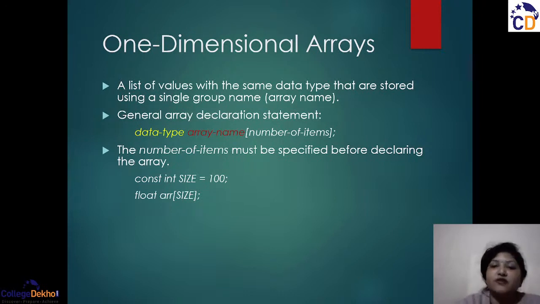The total number should be mentioned here, right? And how it is indexed, I would be telling you in later slides, right? So the syntax, the most important part is the data type, the name of the array, and the size of the array. How many rooms, how many items should be there in your array? The number of items must be specified before declaring the array. Why is it specified?